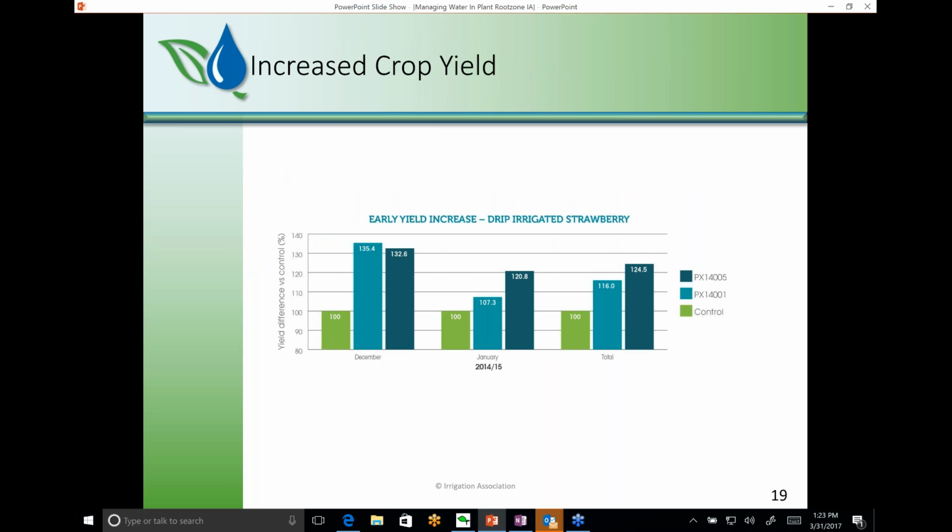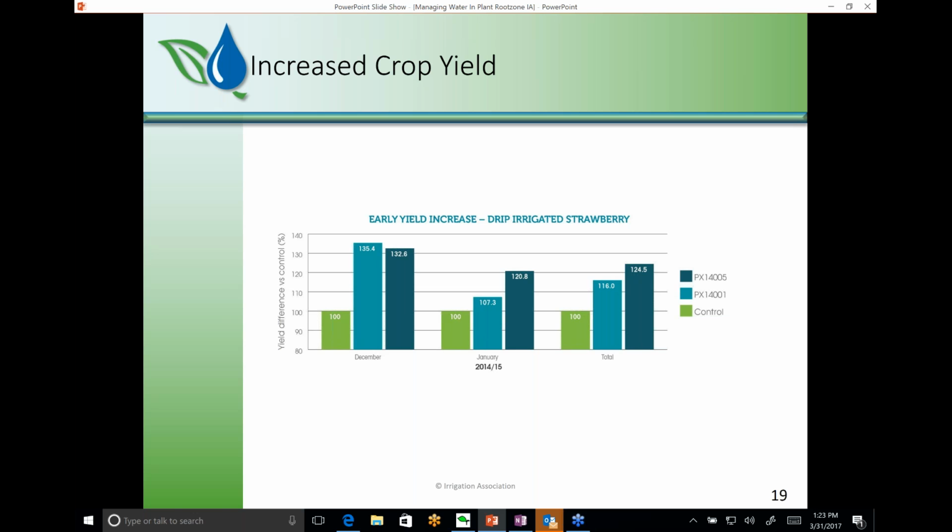So let's look at some data. Everything we're going to show here is third-party data where we contracted a third party to put out trials and then collect the results of the trials. So this first slide shows a trial that was conducted in Florida with a strawberry grower. The strawberries were grown on sandy soils, and drip irrigation was the method of irrigation.